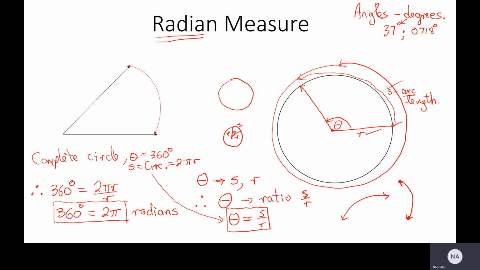Now that is extremely important. And just to make it a little easier, we're going to divide by 2 to obtain 180 degrees is equal to pi radians. Now, this particular concept is exceptionally important.